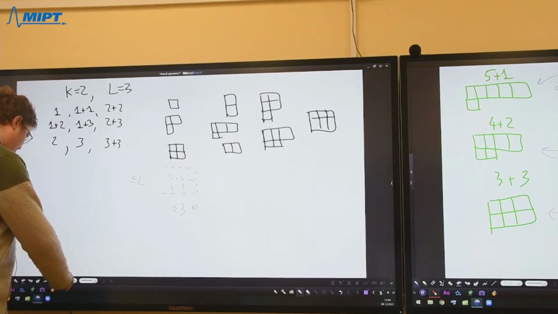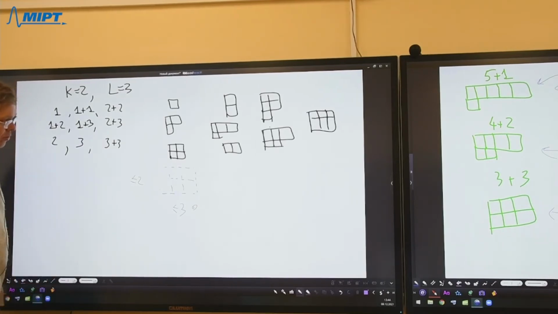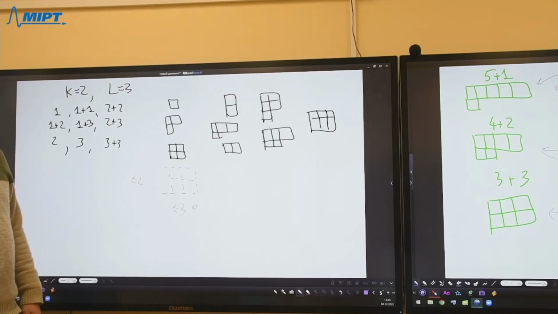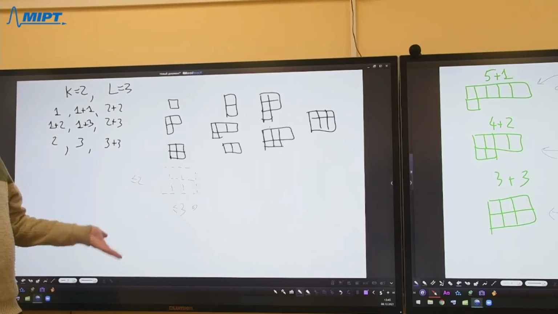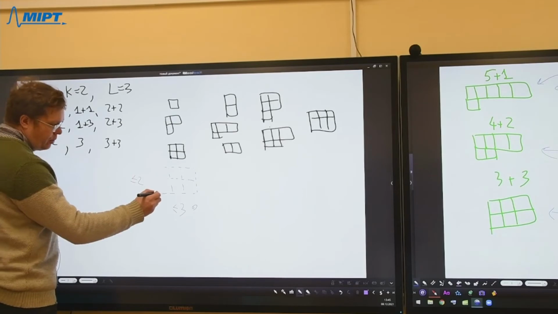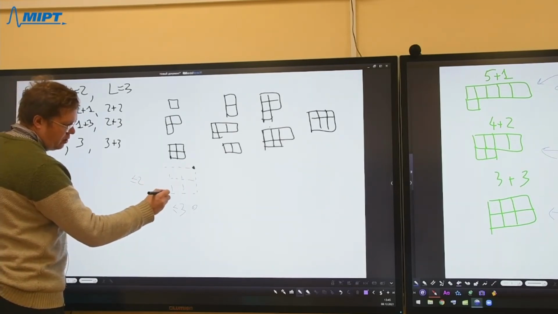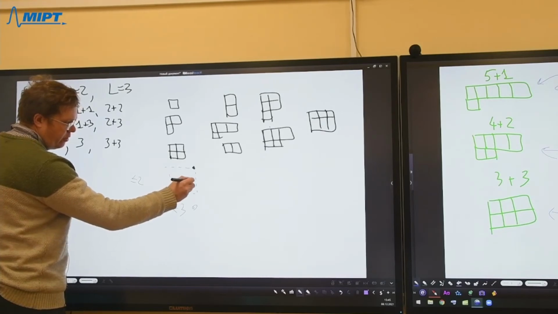This may remind you of a similar problem. How many Young diagrams fit in this shape? We can just trace the border of the Young diagram: we start here, finish here, and go along the border.